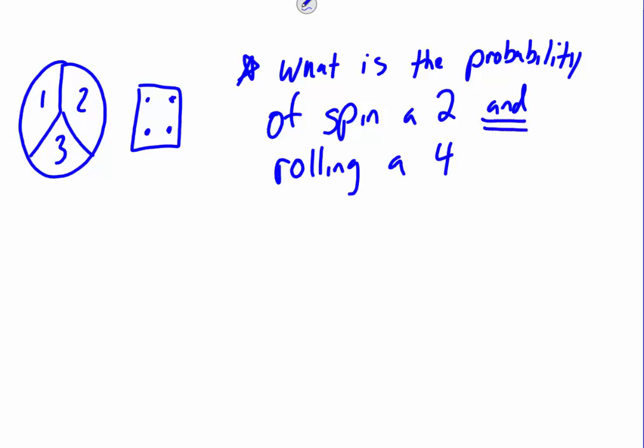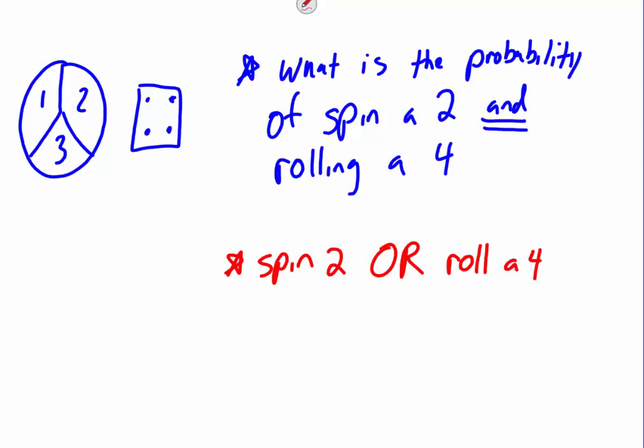So there's that key word there, "and." The other question is going to be the exact same thing, but this time we're going to spin a 2 or roll a 4.